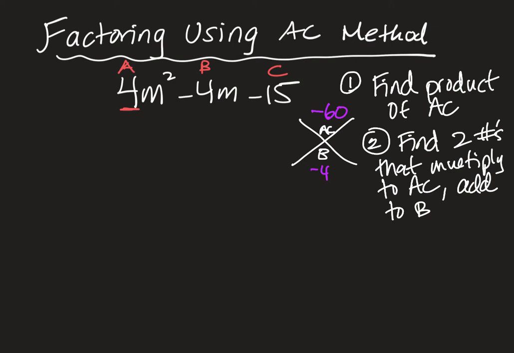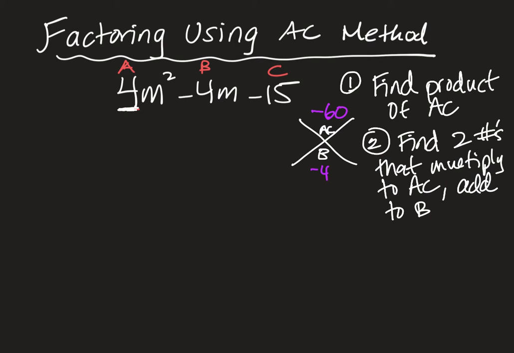We're doing the exact same thing, except we're taking into account the leading term since it's not 1. So we're looking for two numbers that multiply to -60 and add to -4. You can make a list of things that multiply to 60 and add to 4, and keep in mind the signs. We need them to be different signs, and we need them to combine to -4.